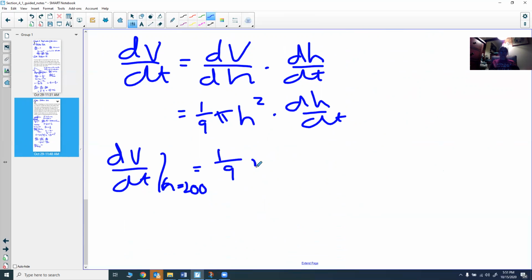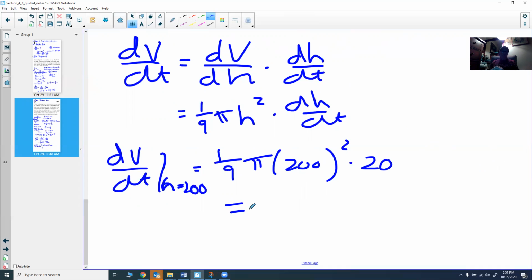That's 1/9 pi times 200 centimeters squared times 20 centimeters per minute. All we have to do is find out what all of this is equal to. I'll take out a calculator.